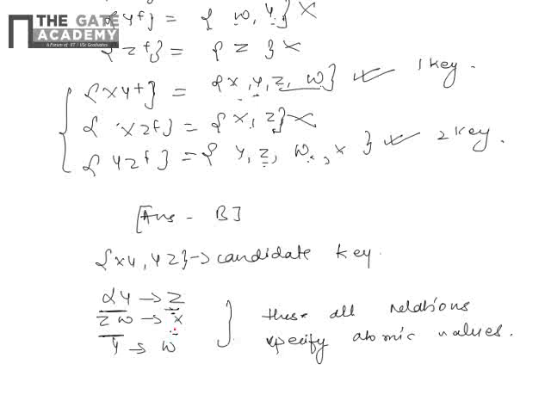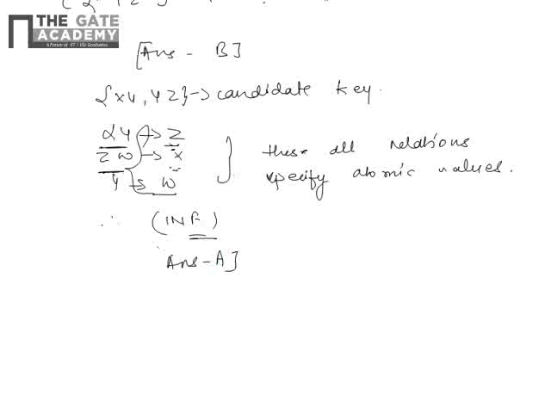Now x is not determining anything in particular, and similarly w is not determining anything in particular. So these are all atomic values, therefore the highest normal form will be 1NF. This kind of constraint is present in 1NF itself, so the answer is 1NF, so the answer is A. Thank you.